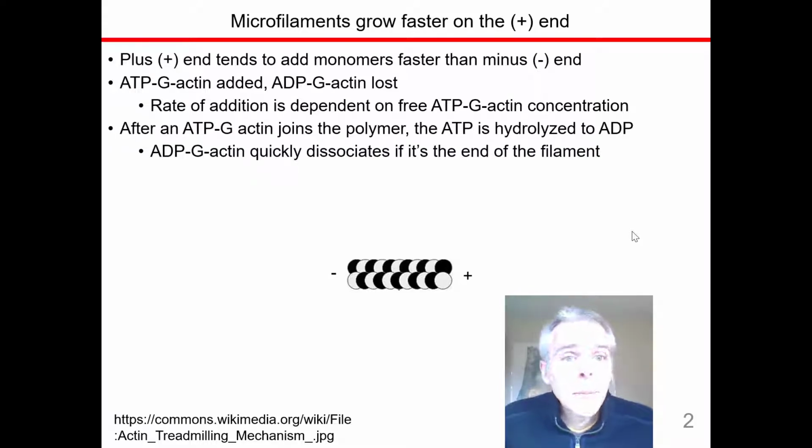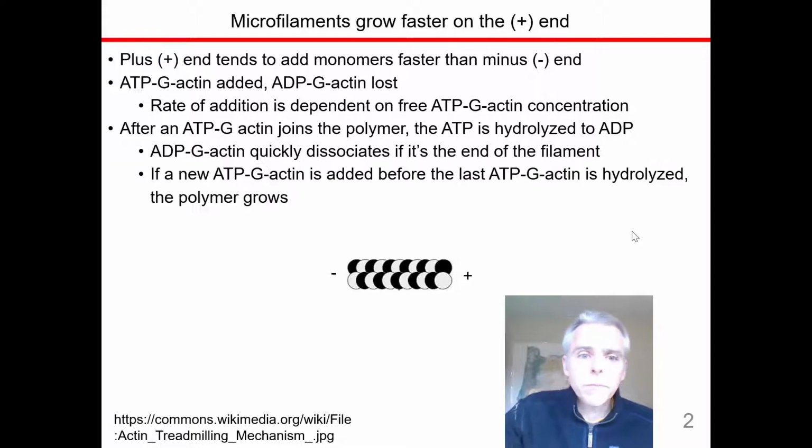After an ATP G-actin joins the polymer, the ATP is hydrolyzed to ADP. That ADP G-actin will quickly dissociate if it's at the end of the filament. Again, this is very similar to what we saw in our microtubules. So therefore, if a new ATP G-actin is added before the last ATP G-actin is hydrolyzed, the polymer will grow.